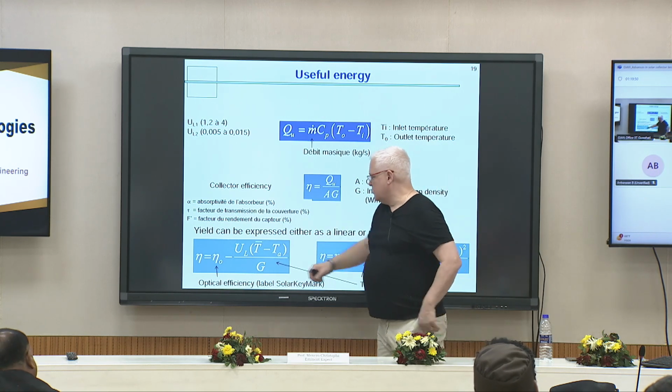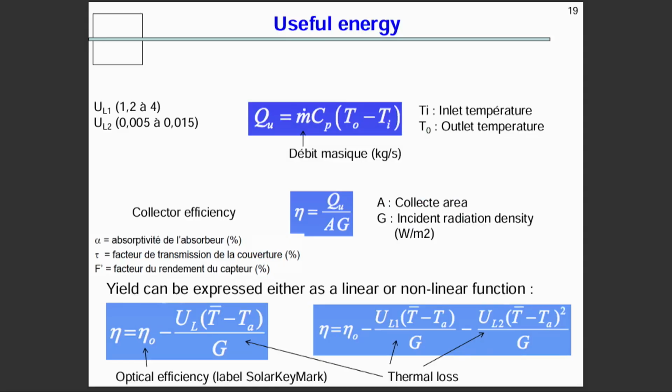The classical expression is like this: a coefficient minus what represents the thermal loss, depending on the mean temperature of the water in the solar collector and the ambient temperature.